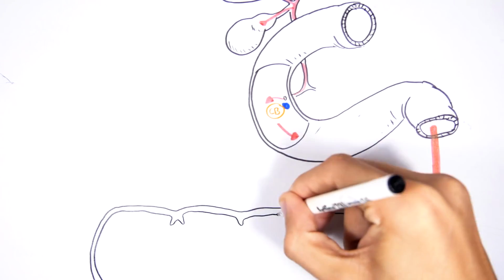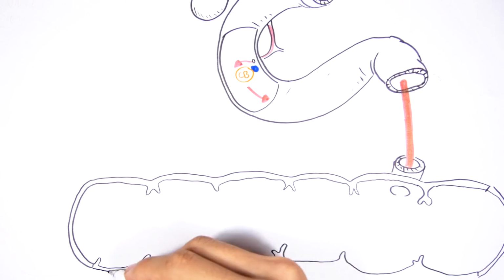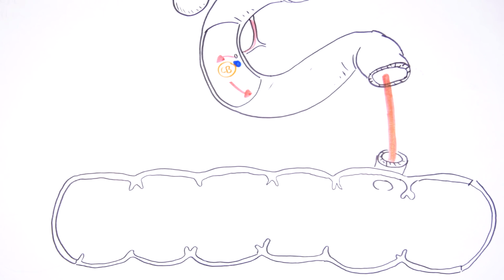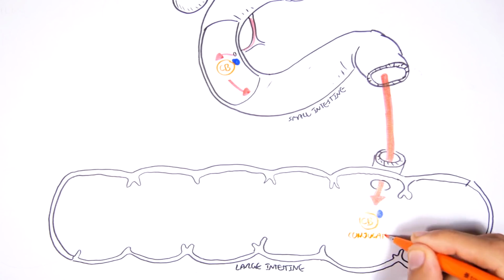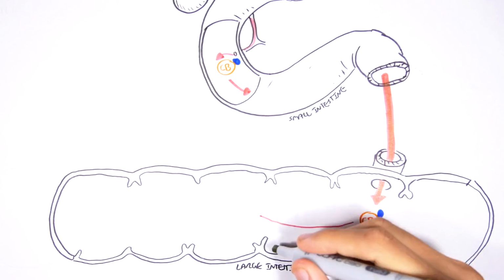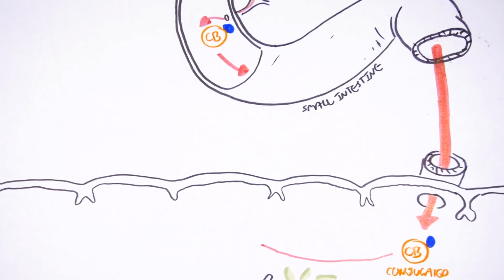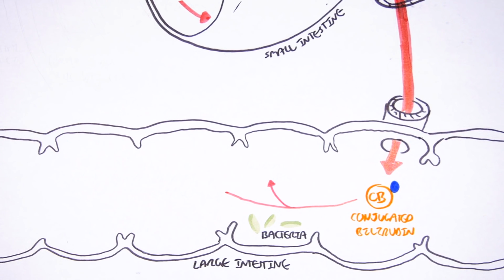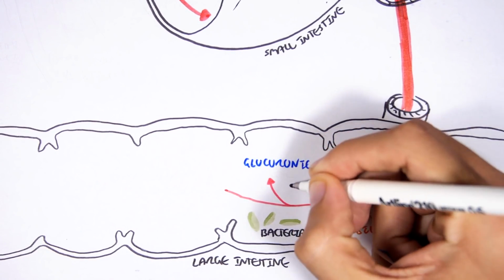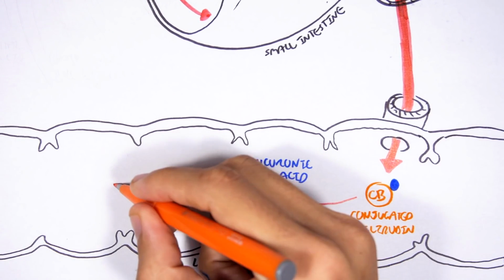Now, towards the end of the small intestine, a section known as the ileum, or in the beginning of the large intestine, the conjugated bilirubin will be converted by the intestinal bacteria to urobilinogen by removing the glucuronic acid through a hydrolysis reduction reaction.